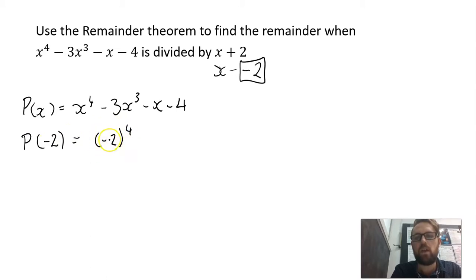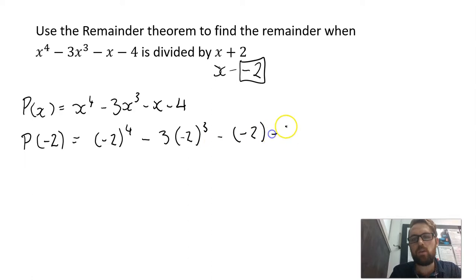Again, we want to do that in brackets, so we don't lose any or gain any negatives. Minus 3 of negative 2 cubed, take negative 2 minus 4. Okay, so 2 times 2 is 4, times 2 is 8, times 2 is 16, and that's going to be a positive 16 for this first one.